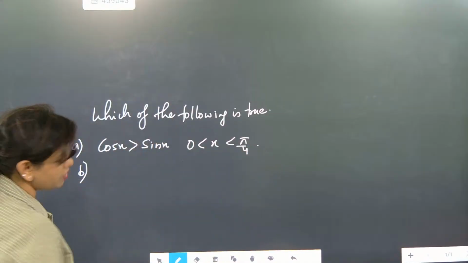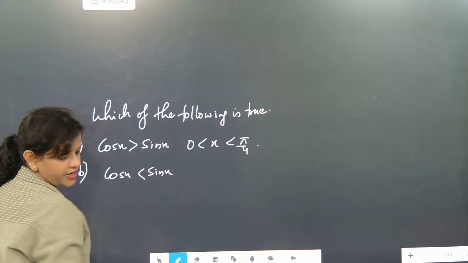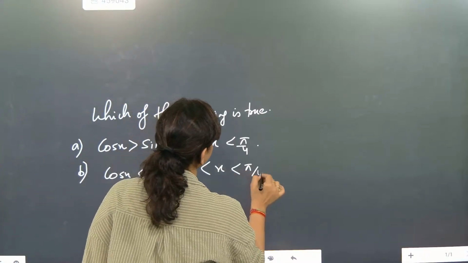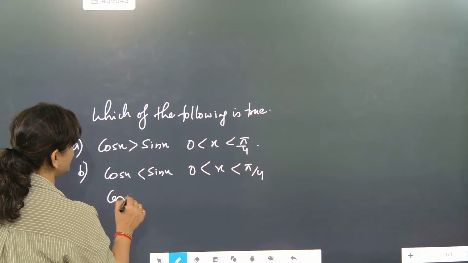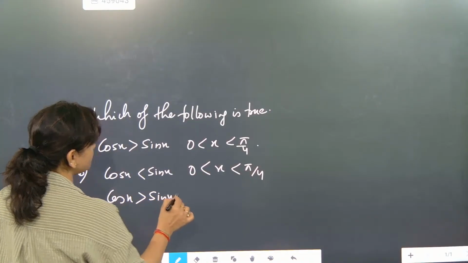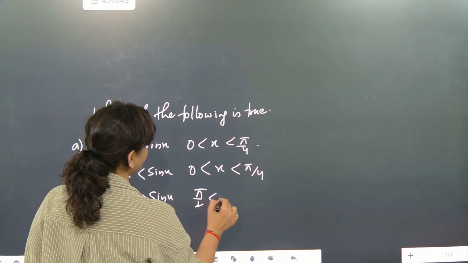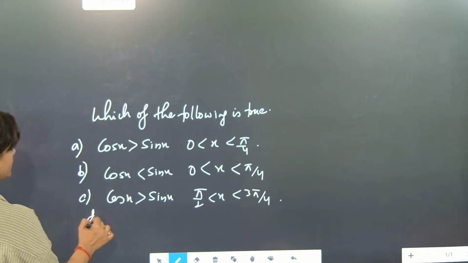Second is cos x is less than sin x when it is between 0 to pi by 4. I think you people will be able to answer this question very easily. Cos x, this part, when it is between pi by 2 to 3 pi by 4. Bingo question, very easy question.